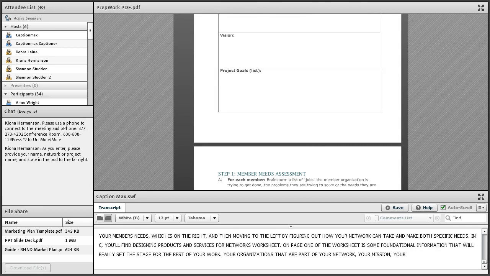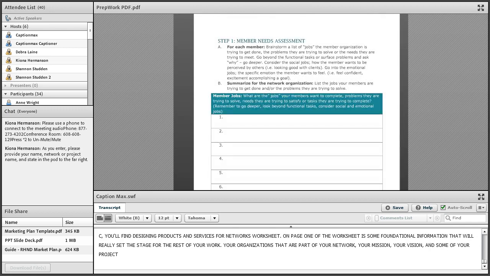On page 1 of the worksheet is some foundational information that will really set the stage for the rest of your work: the organizations that are part of your network, your mission, your vision, and some of your project goals.